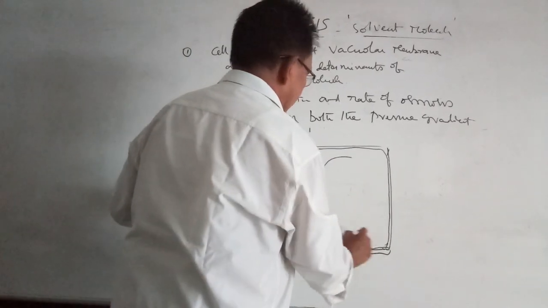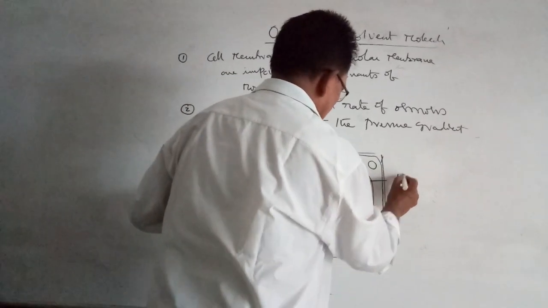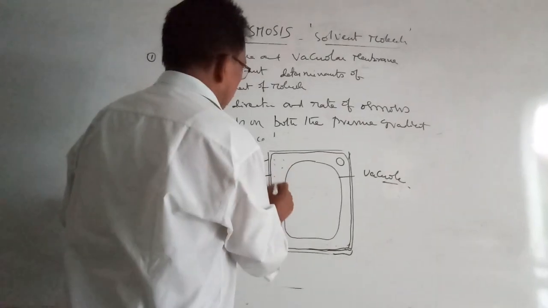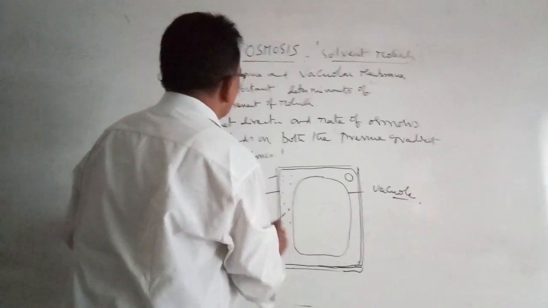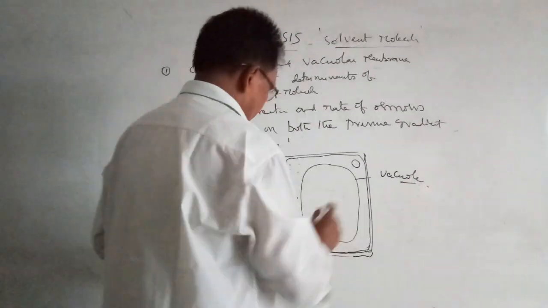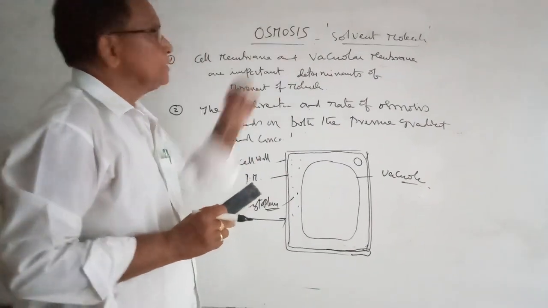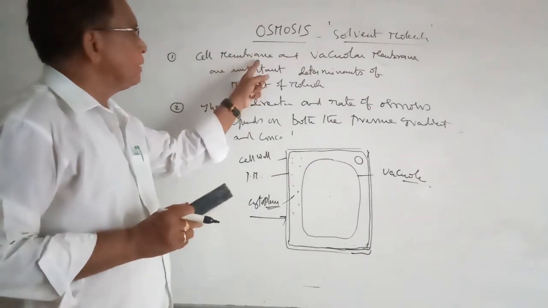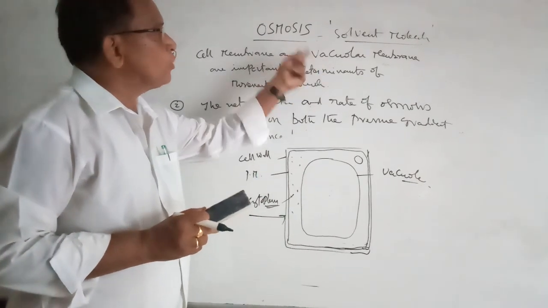There is a central vacuole and a nucleus. This is the vacuole. This is the cytoplasm. Now water moves in this direction. For the movement of water by osmosis, there are two determinants: one is the plasma membrane and the second one is the vacuolar membrane.